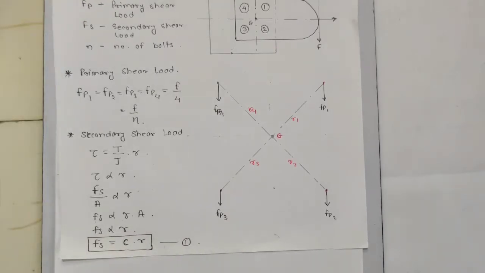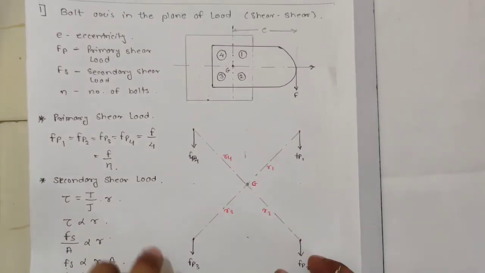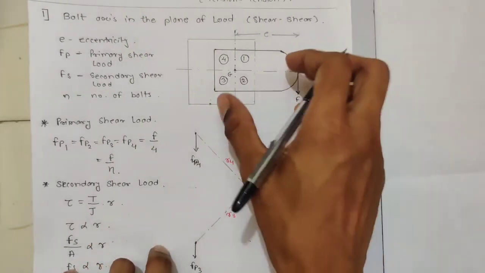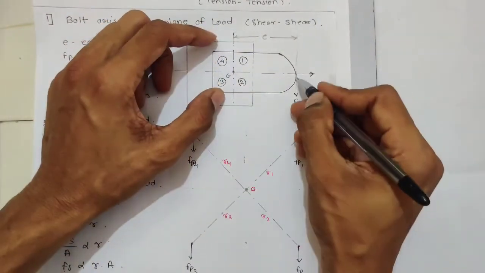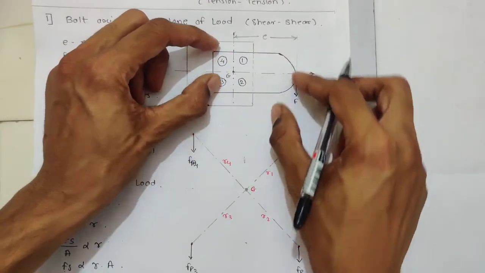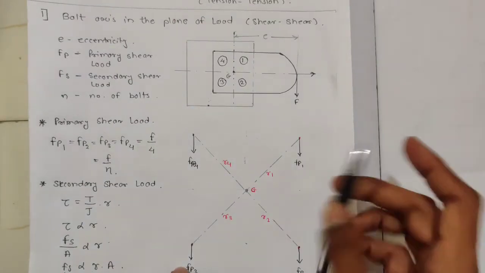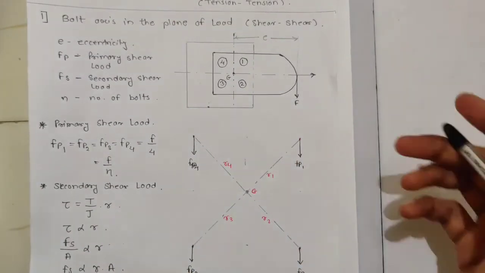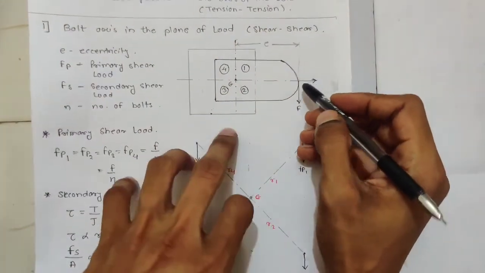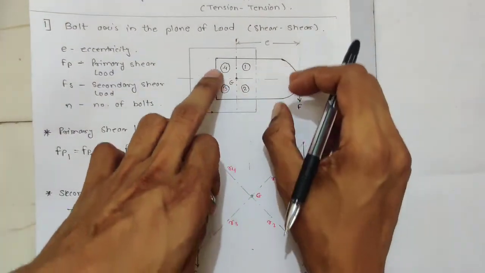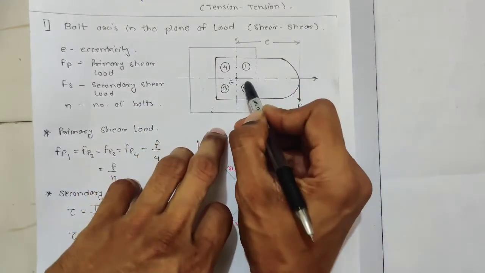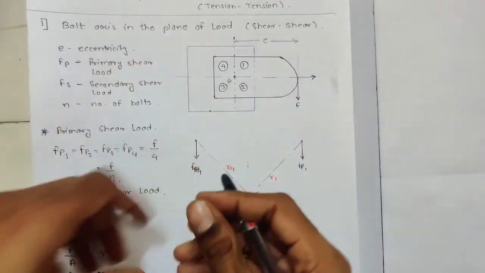Now how will this secondary shear load act? Because of this force, the whole plate is going to rotate like this, and it will try to rotate the bolts.